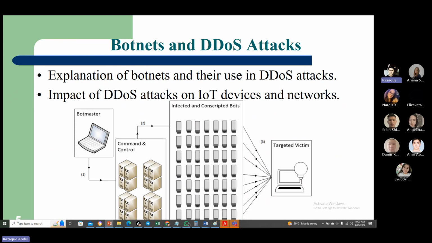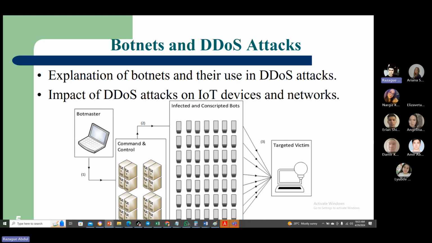They act as an intermediary to make the botnet harder to detect and disrupt. And you see here the arrow marked 2 indicates the communication from the command and control servers to the infected and conscripted bots.